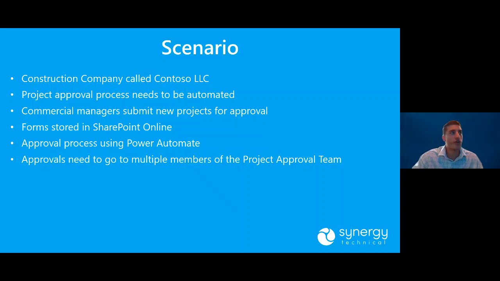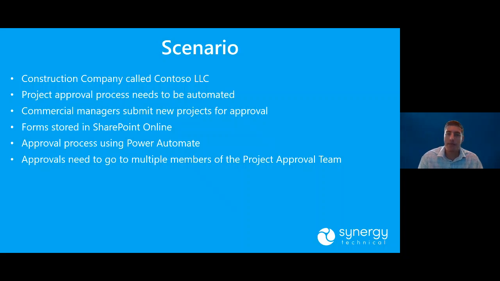Contoso has a project approval process that they would like to automate. We have a group of commercial managers, and what they need to do is submit new project forms and get them approved by a project approval team.